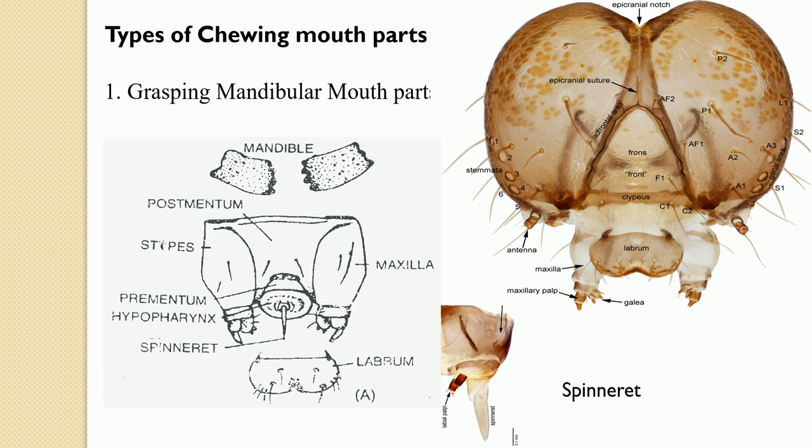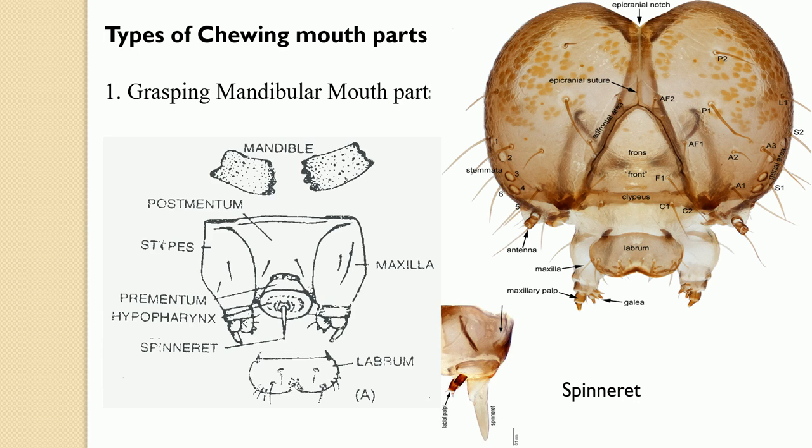So only these kinds of insects have such an arrangement, and they are provided with a well developed silk gland, and that silk gland gives out a liquid secretion. When it comes in contact with the air, it becomes hardened and is converted into a thread, and this thread is useful for spinning the silken cocoon.